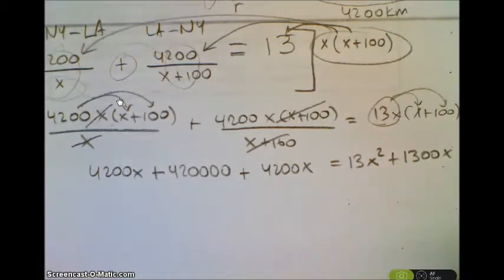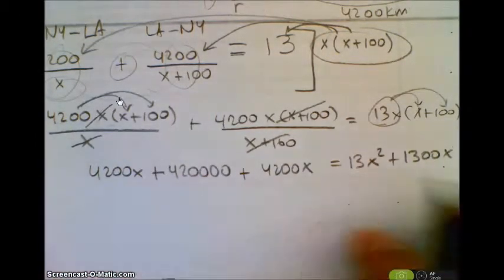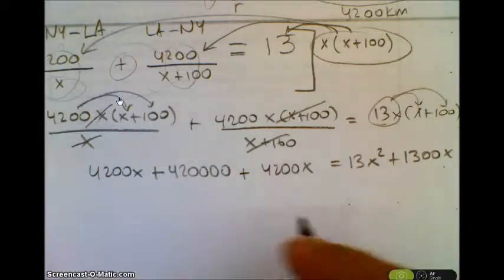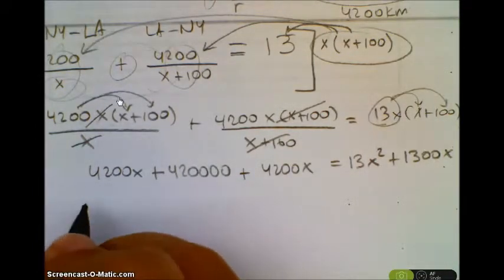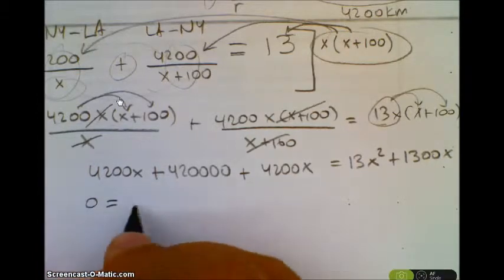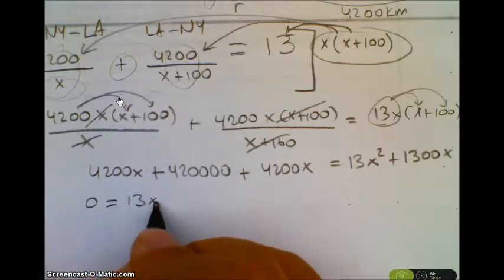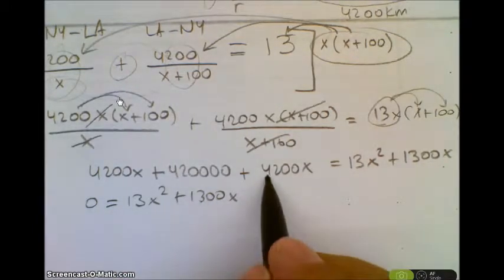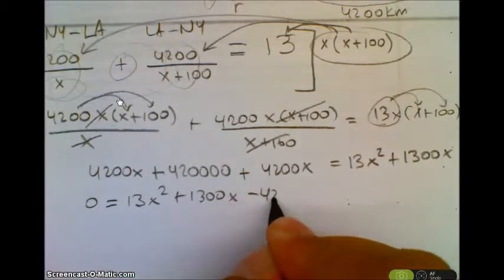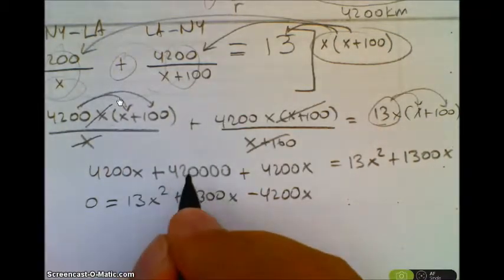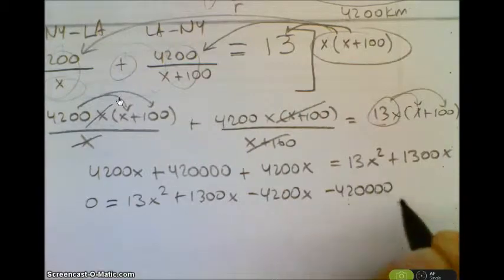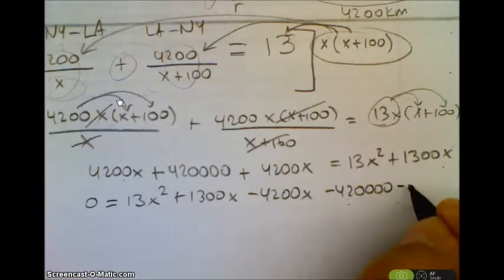So now I have a quadratic that I can easily solve. I'm just going to send everything to the other side and then try to figure out if I have any common factors. So 0 equals 13x squared plus 1300x. This goes to the other side with a minus, this goes to the other side with a minus, and this goes to the other side with a minus.